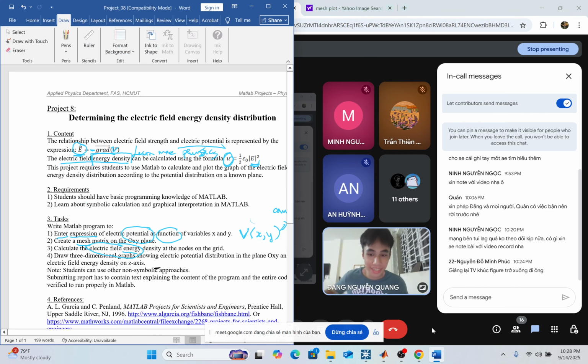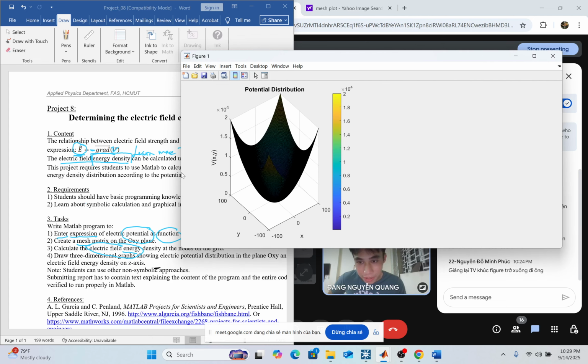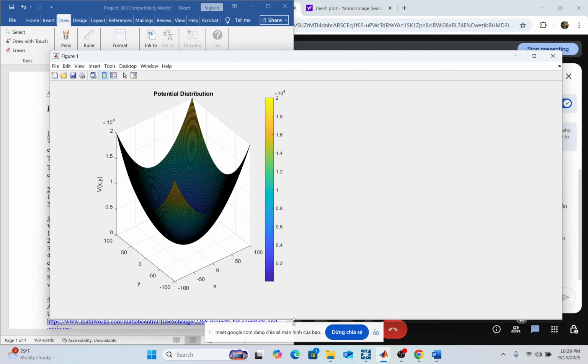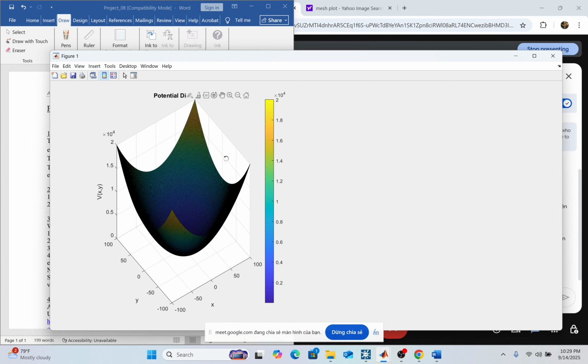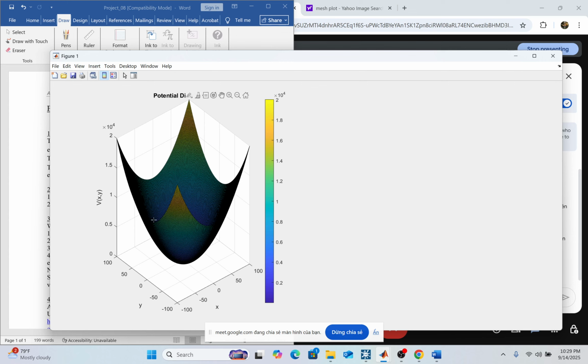Okay. Here, you can see that our graph is much more detailed, right? Only with 200 steps, and it looks much more detailed. The grids are now smaller, and it represents a more continuous field of electric potential.